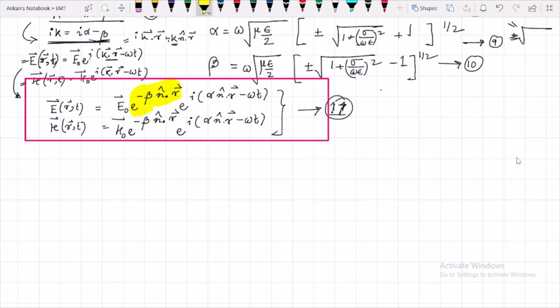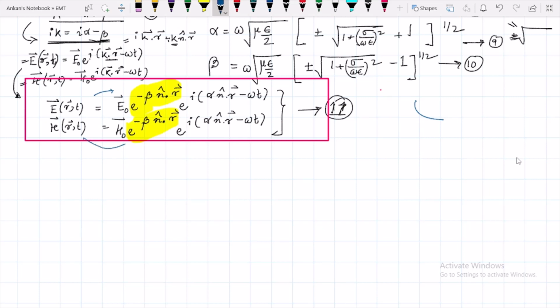So this term involves the spatial characteristic. What does it imply? It implies some exponential decay of some quantity. Because it is related with the electric field, it will imply the exponential decay of electric field amplitude.